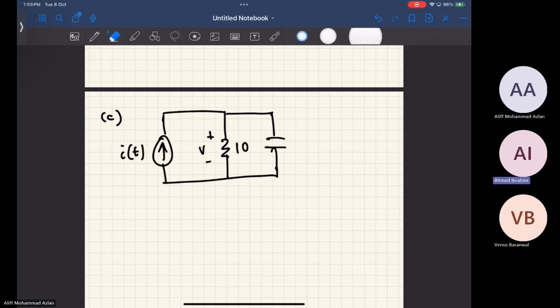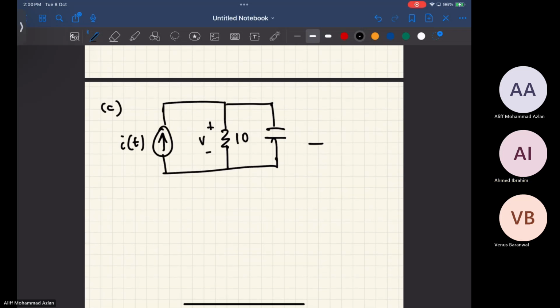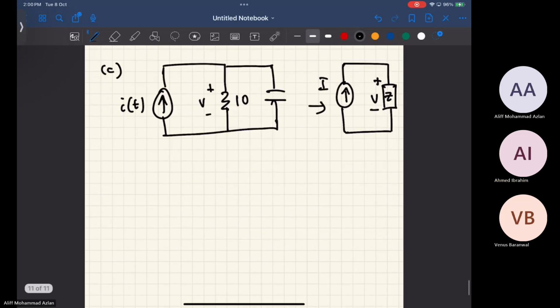So we just start with simple circuit analysis. We can do current division here. Or actually, I'm just going to simplify this circuit to one load. And so the voltage here is just going to be the current times the equivalent impedance.